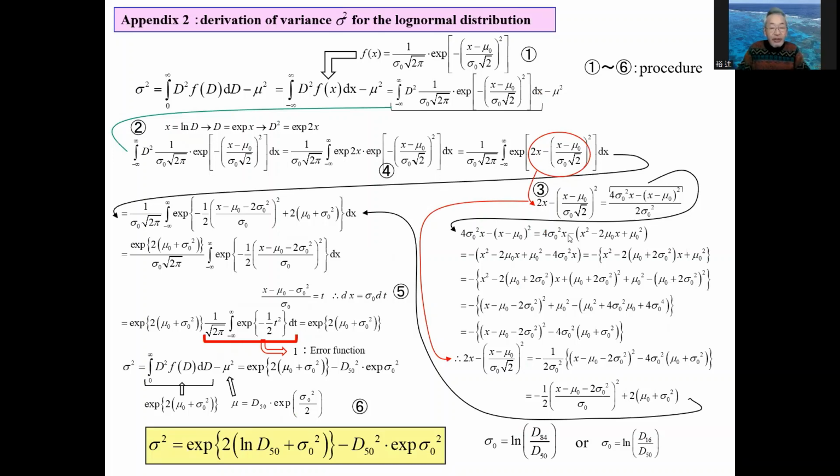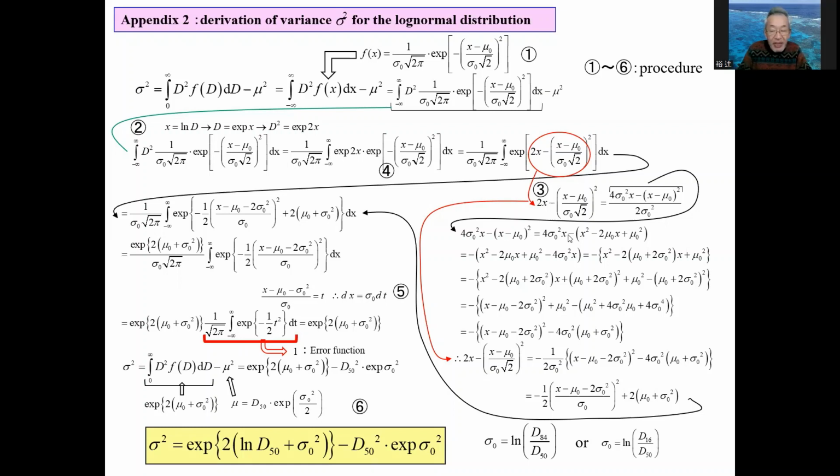Appendix 2 shows the derivation of variance sigma squared given by d50 and d84 for the log normal distribution. It's shown on page 3 that the variance is expressed as the mean of d squared minus mu squared. The first equation on this page is that expression.